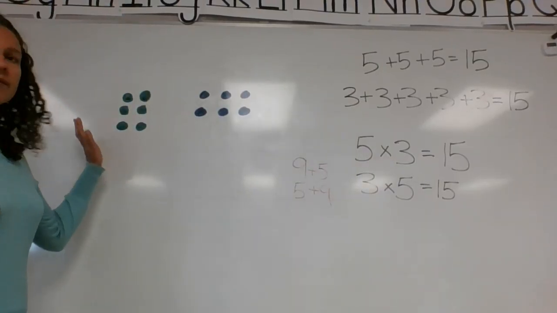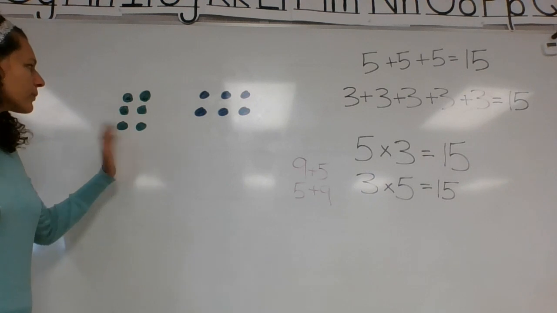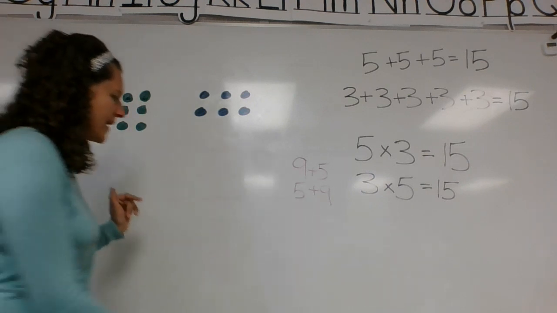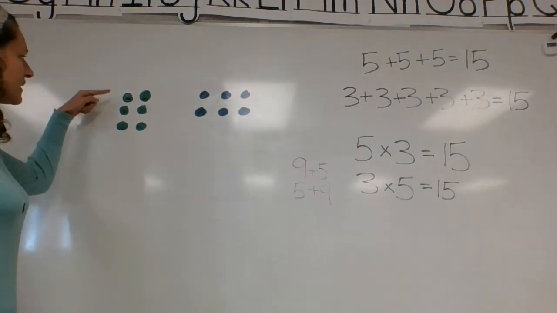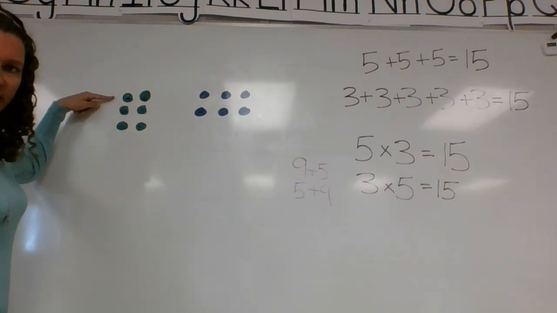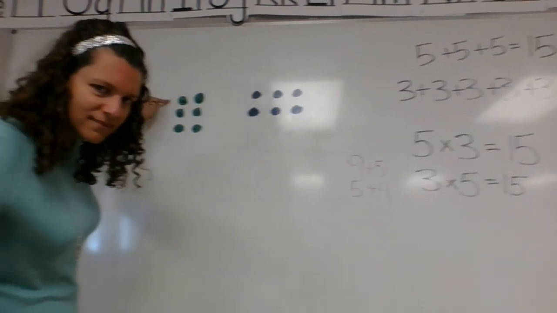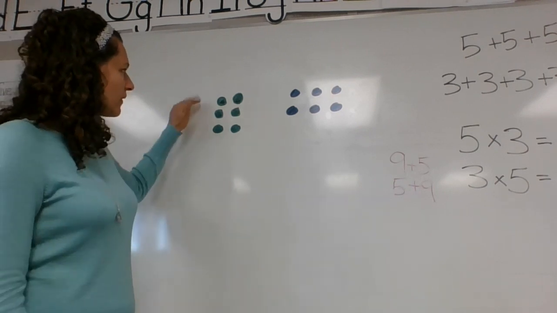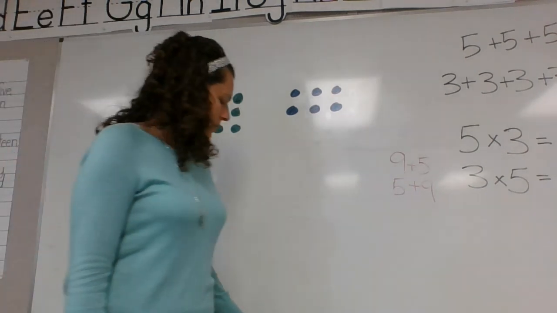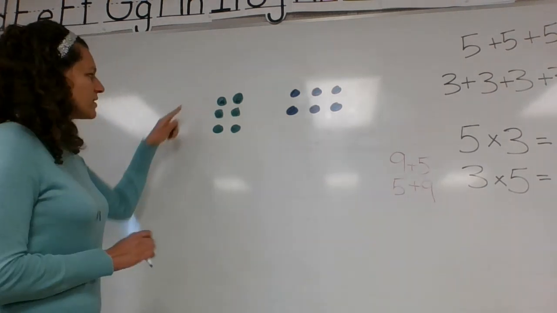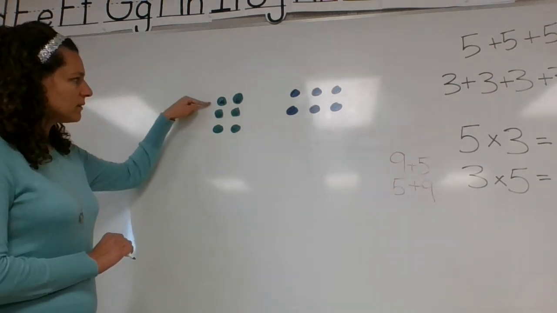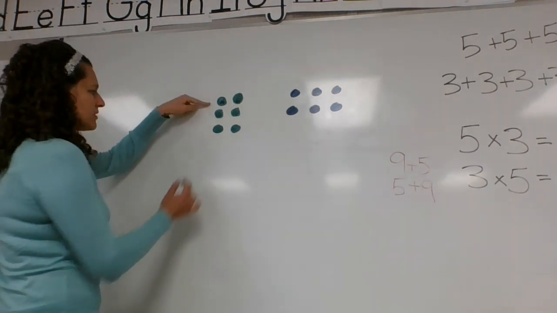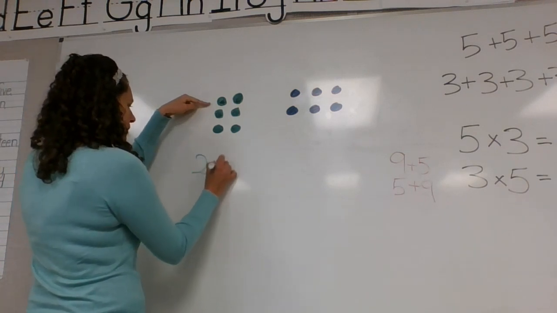Let's look over here at these groups of dots that we have up. This one has 2 dots in each row, and it has 3 rows. So if we're looking at each row, our repeated addition equation for this, what would it be? We've got 2 in each row, right?